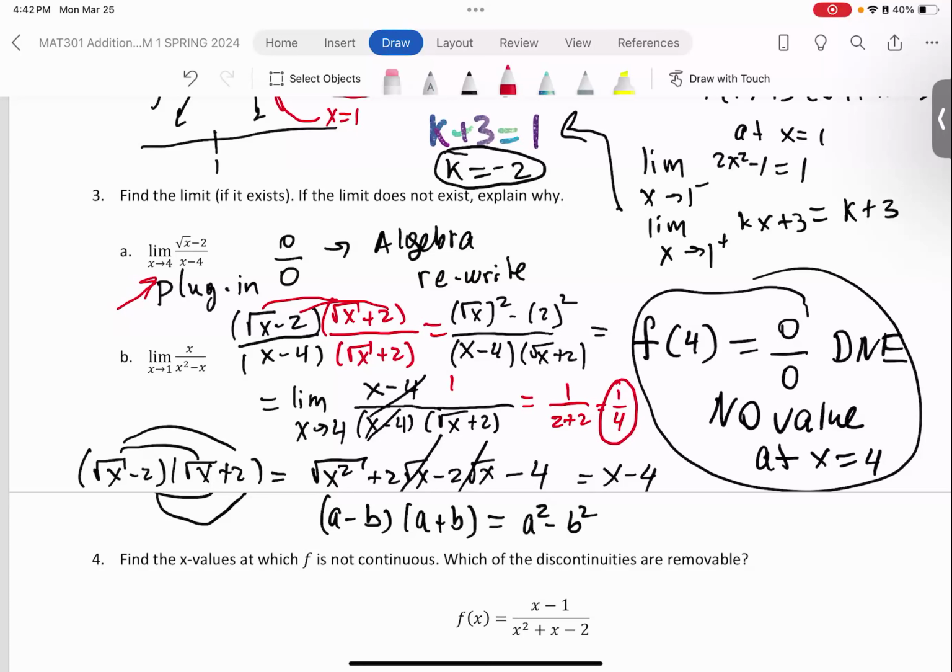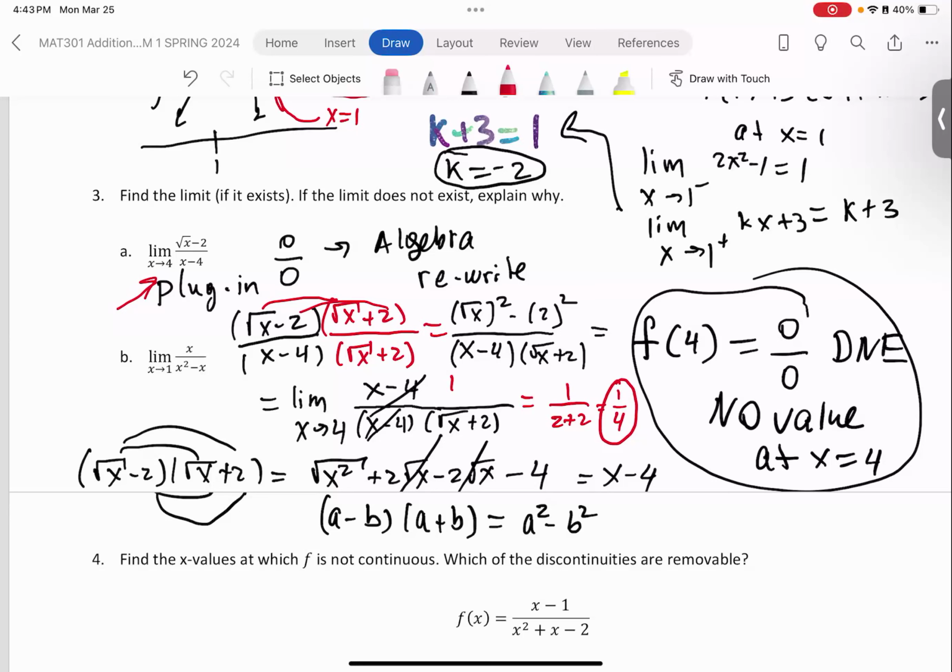And you might say, okay, but I'm substituting the 4 and I get something. I get a quarter. Well, that does not tell you that there's a quarter at 4. What it tells you is that if you choose a number close to 4 on the left and a number close to 4 from the right, it's going to be close to 0.25, which is a quarter. The reason we use this expression to investigate is that this expression, 1 over the square root of x plus 2, is the same expression as this, because we multiplied top and bottom by the same thing.